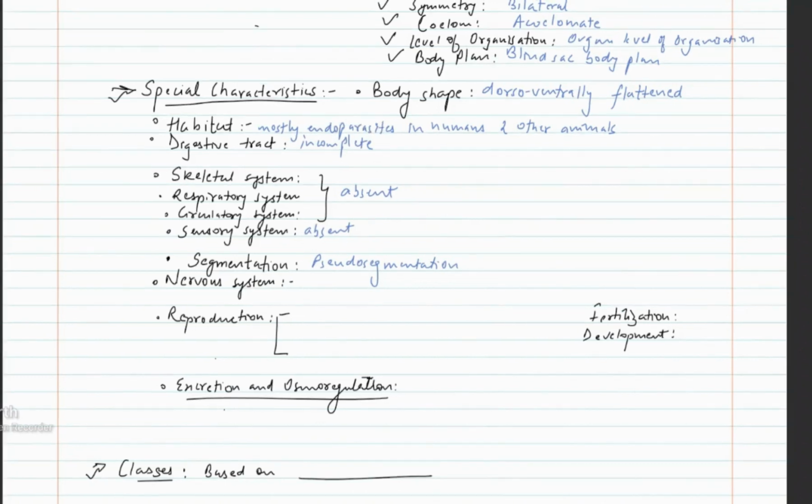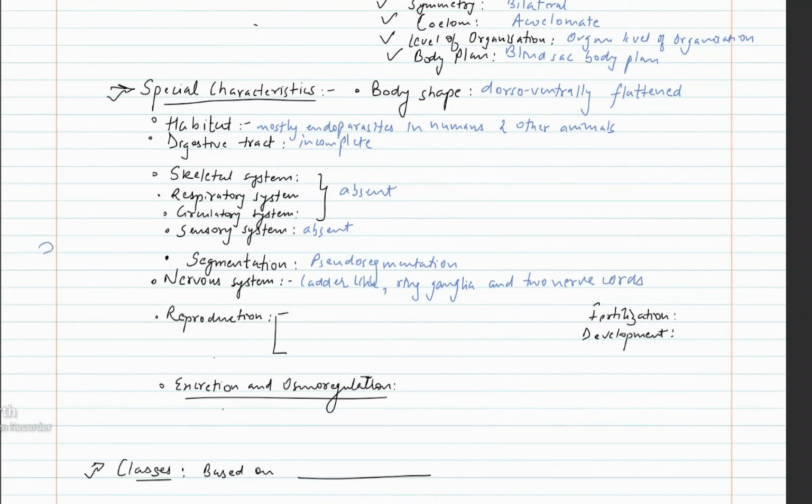Nervous system in these organisms is ladder-like with a ring ganglia and two nerve cords. So the nervous system appears something like this.